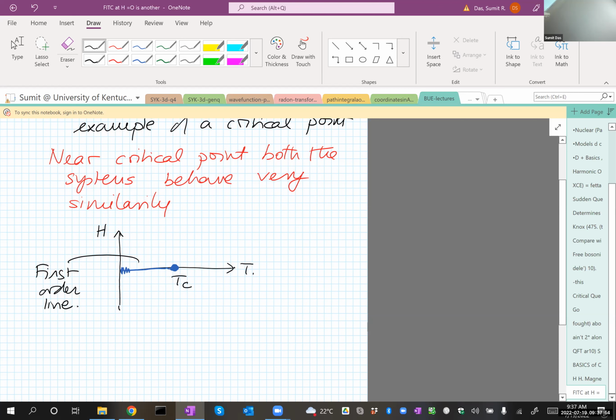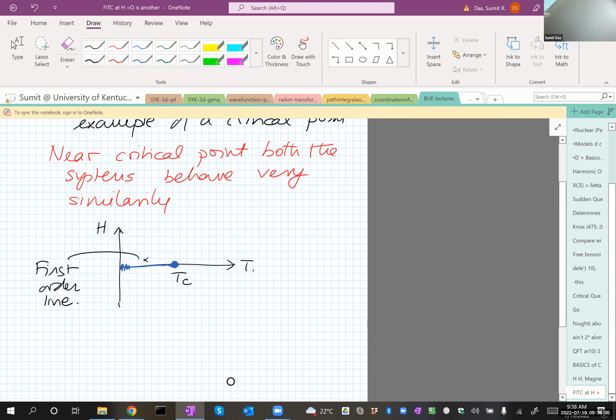If I have a magnetic field which is very small but positive, so you're at a point somewhere here, because of the presence of an external magnetic field, all the dipoles would, for example, be aligned up. Whereas if the magnetic field was in the negative direction, all the dipoles would be aligned down.